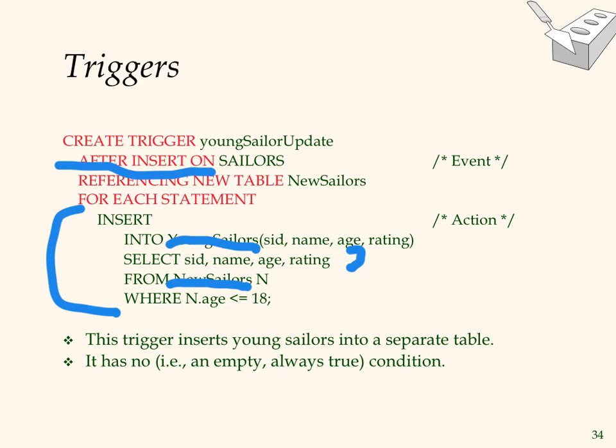So that's actually an interesting example, because you can see that you can get cycles. You could have a trigger that says, when a new sailors table is inserted, write those records to another table, and then a trigger defined on the young sailors table might say, delete the records that are in there. And the deletion could in turn cause another trigger to insert new sailors.